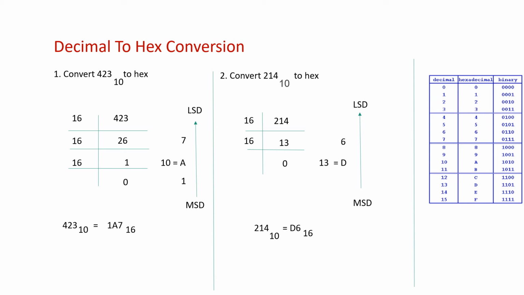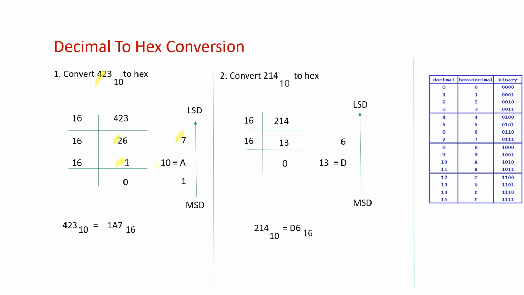In that process you can notice that if the remainders are greater than 9, they are represented by the letters A through F. Now let us take the example 423. We divide that by 16: 26 is the quotient, 7 is the remainder, and dividing again by 16, 1 is the quotient and 10 is the remainder.